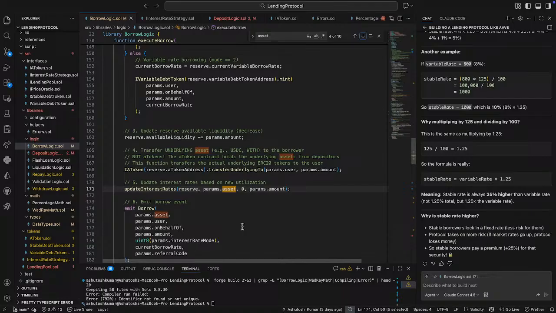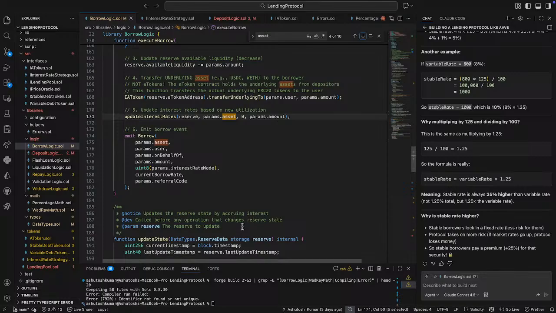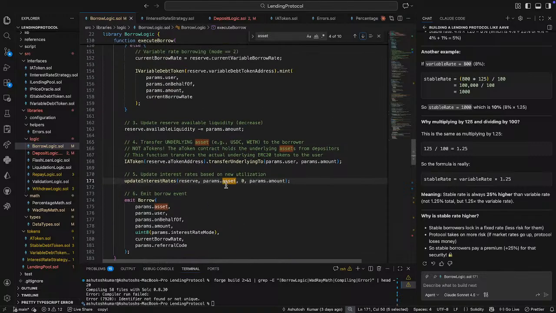Reserve dot available liquidity. Okay. There is no use of asset.